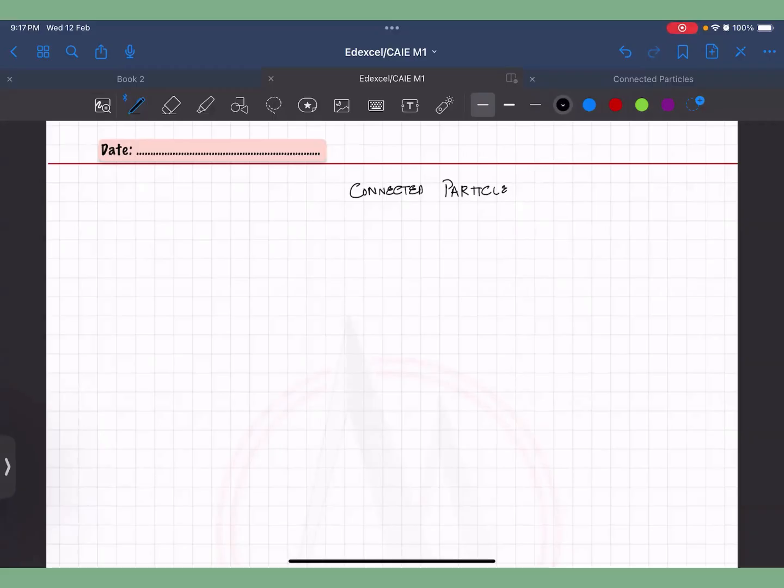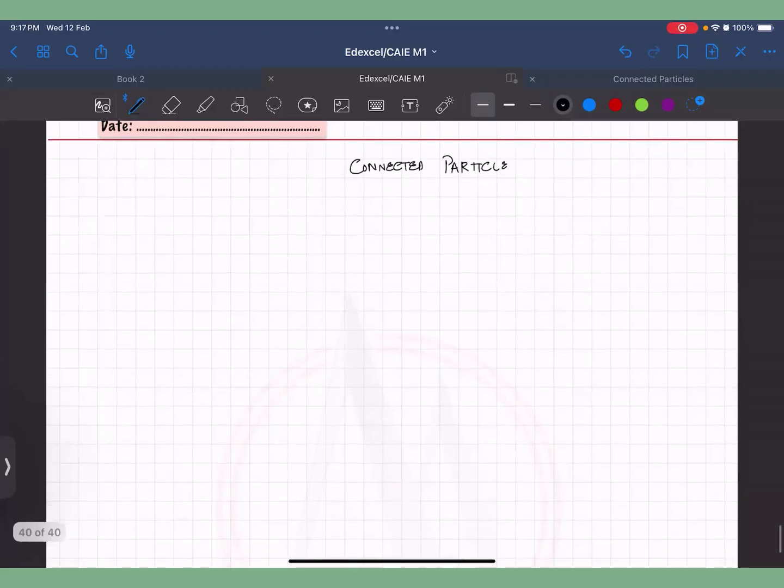When you see the syllabus outline, you won't get a separate topic for this, but these are very unique types of questions. So what happens over here? Connected particles means that definitely particles would be connected. So you can have two particles connected 95, 99% of the time.